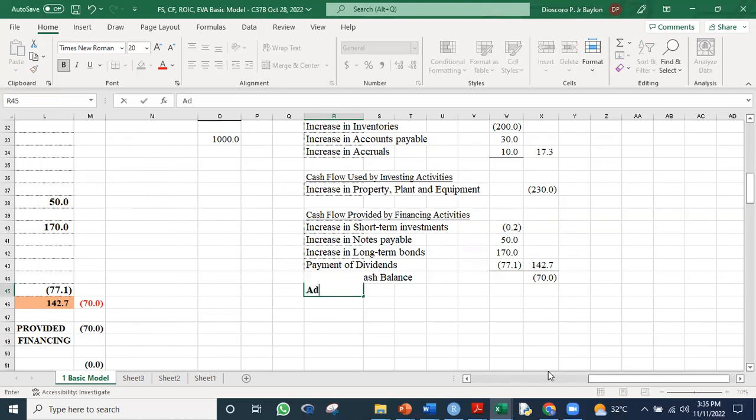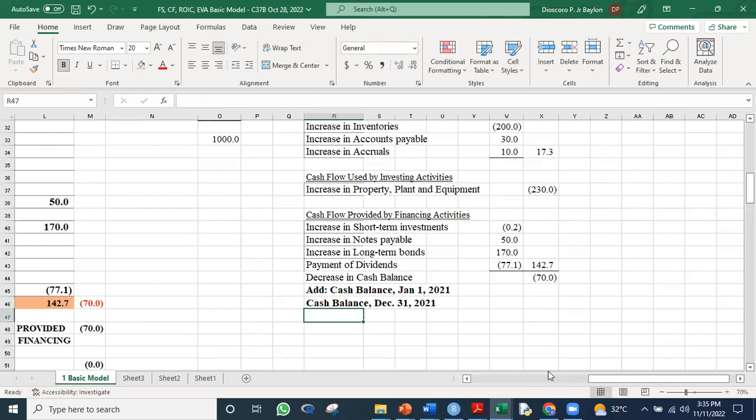All right, and then we add cash balance beginning January 1, 2021. And then we have cash balance December 31, 2021.